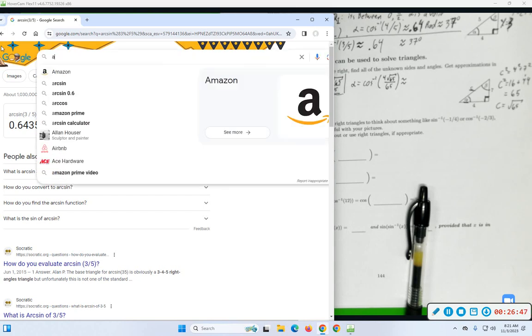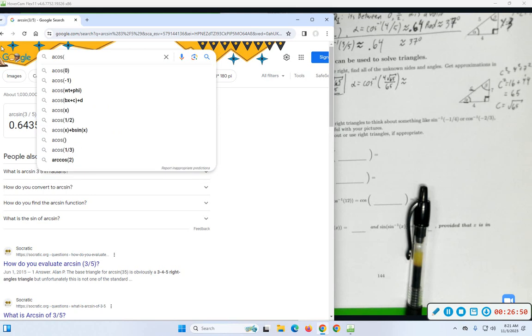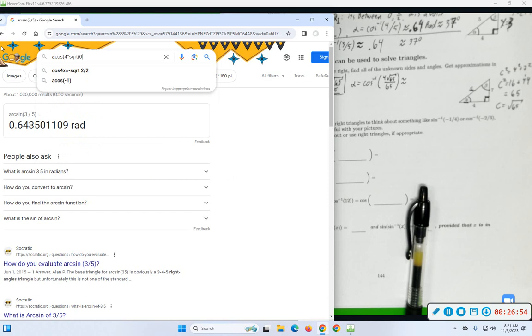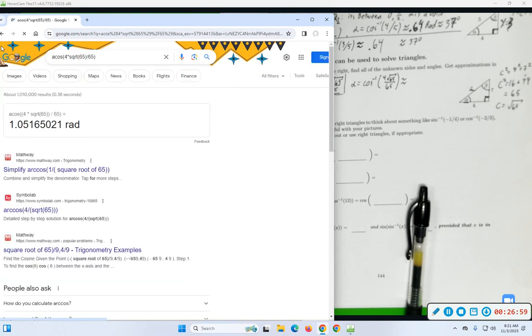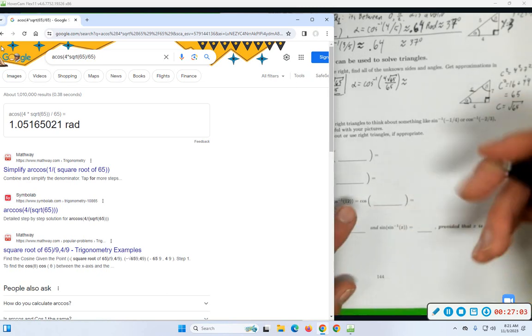Now let's just see if it accepts this. Inverse cosine of 4 times the square root of 65 divided by 65. Yeah, looks like I'm getting about 1.1 radians.